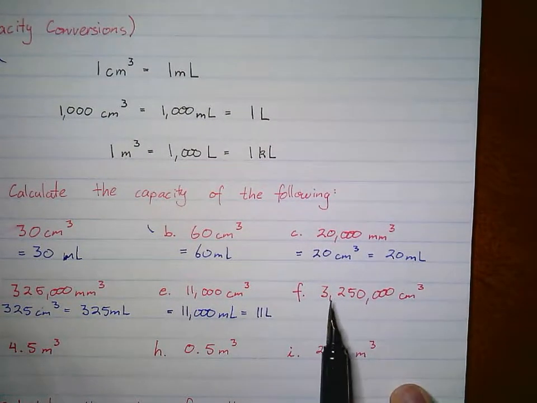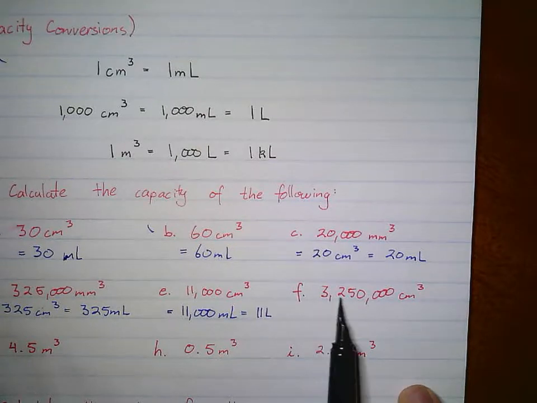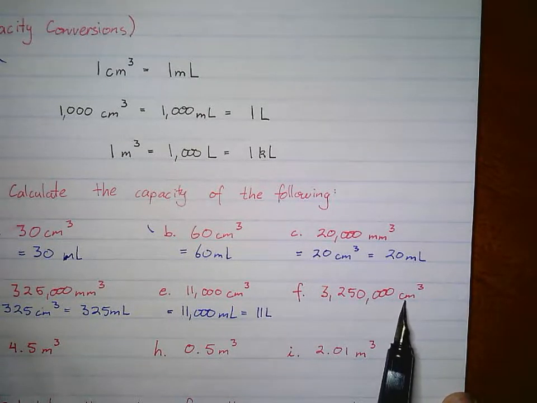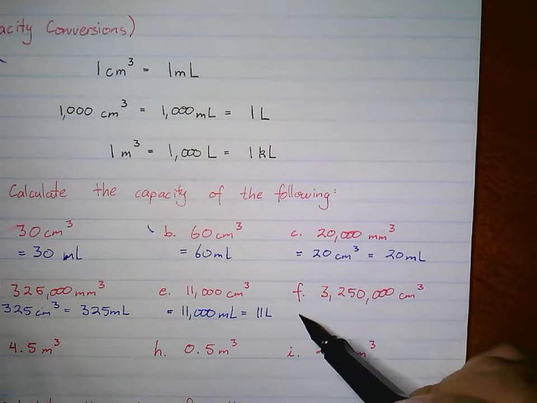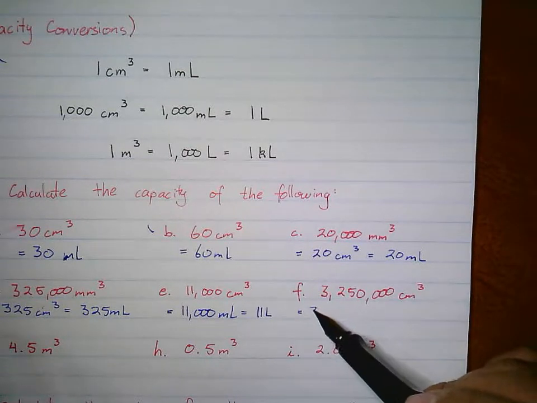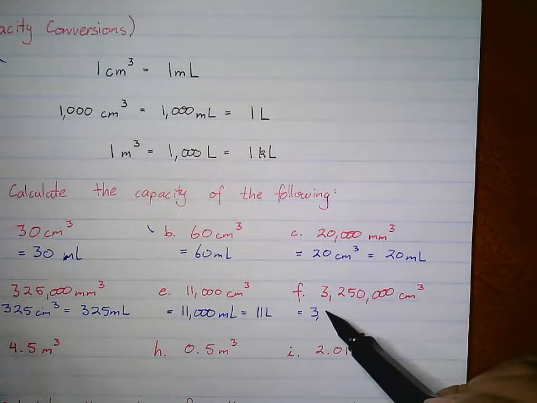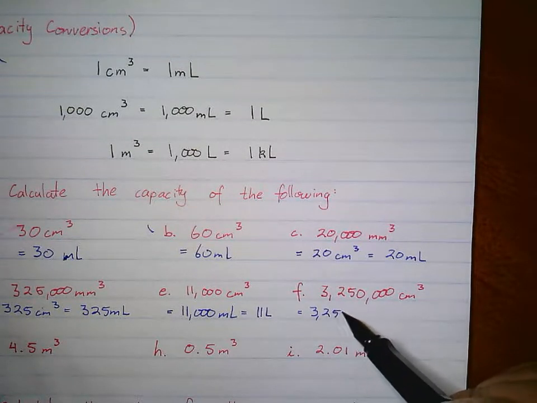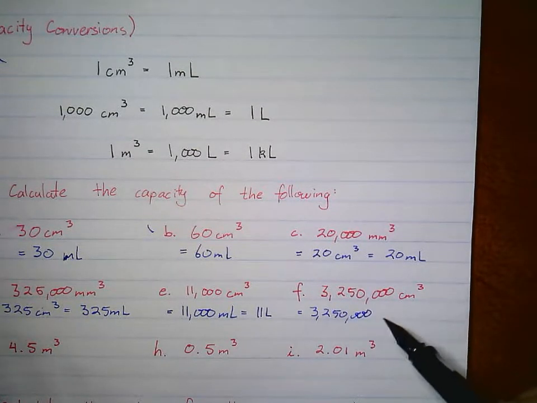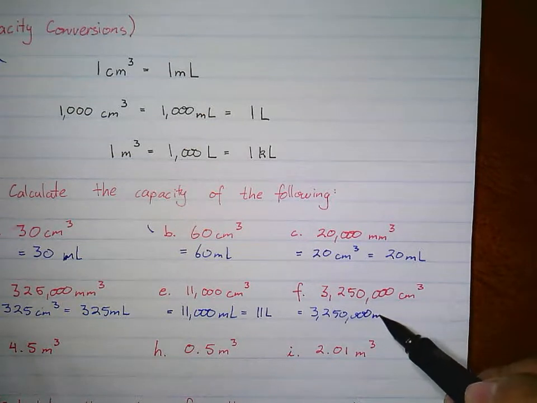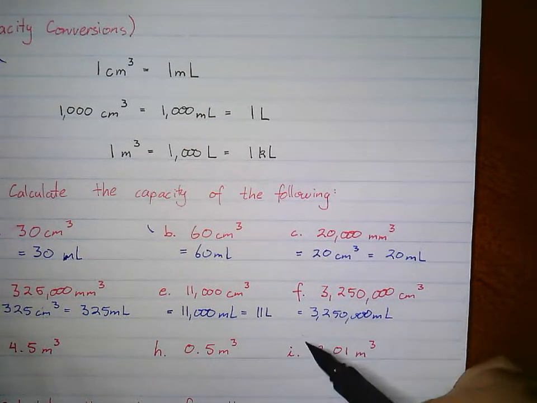This now is 3,250,000 centimeter cubed. This is a straight conversion into milliliters, so 3,250,000 milliliters.